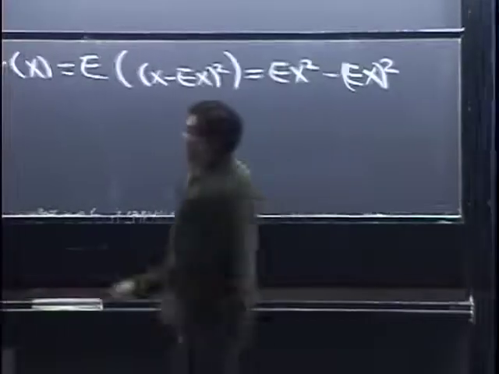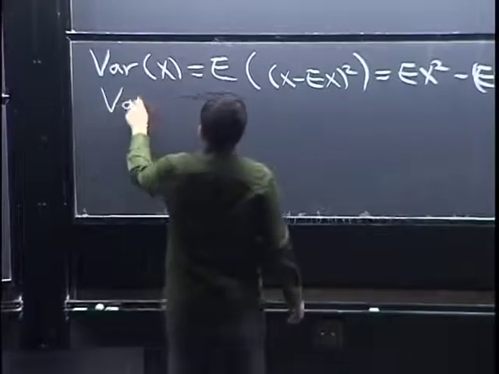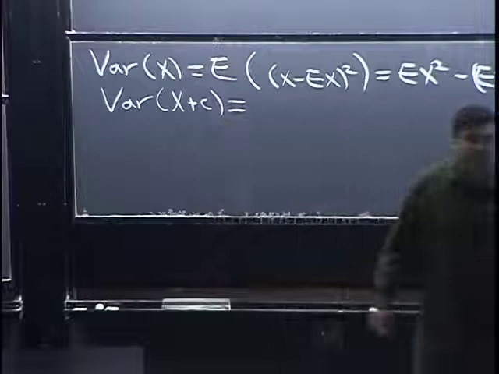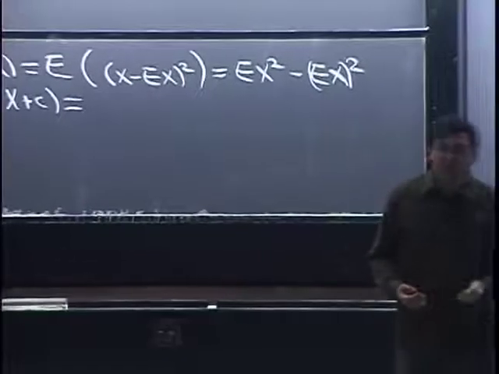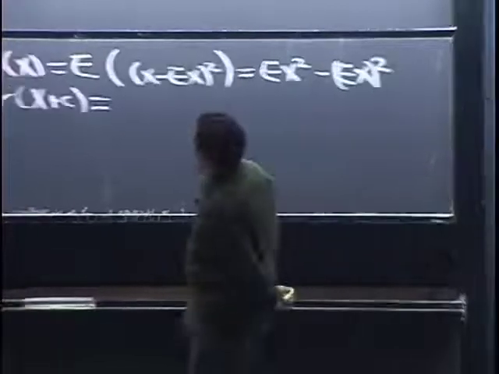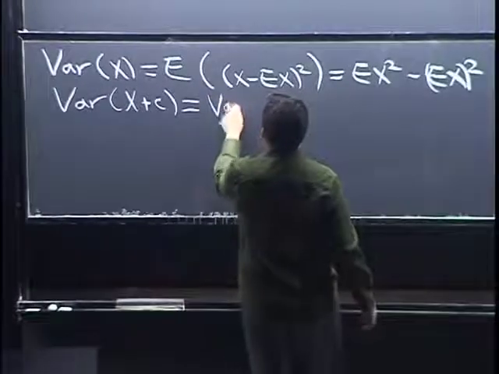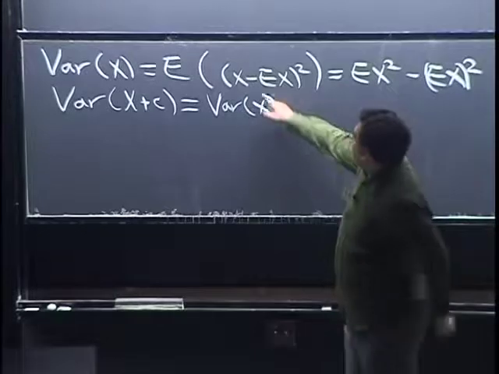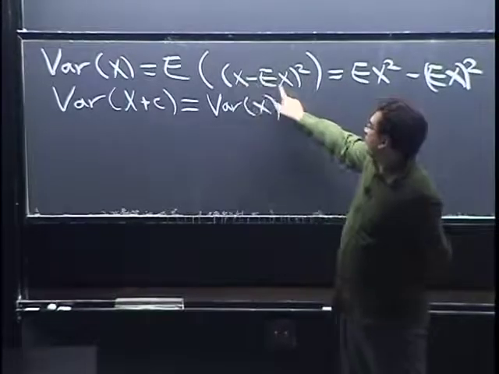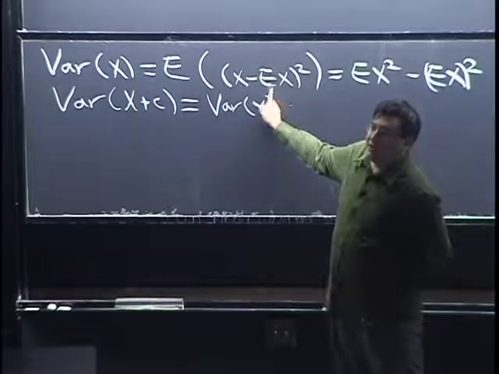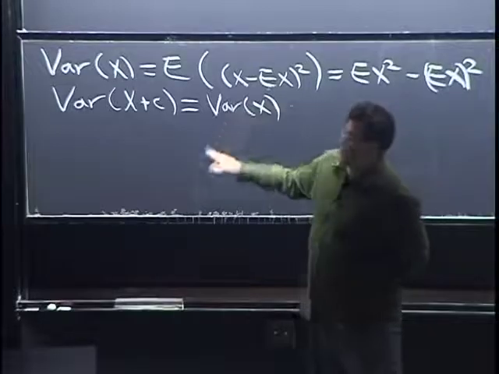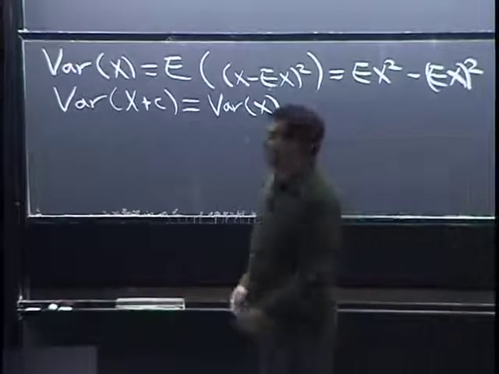Now, in particular, if we had the variance of X plus a constant, intuitively, if we just add a constant, we're not changing how variable X is, right? So intuitively, that should be the same as the variance of X. And you can see that immediately from this first formula, because if you replace X by X plus c, and the mean also shifts by c by linearity, you get the exact same thing. So adding a constant has no effect on the variance.